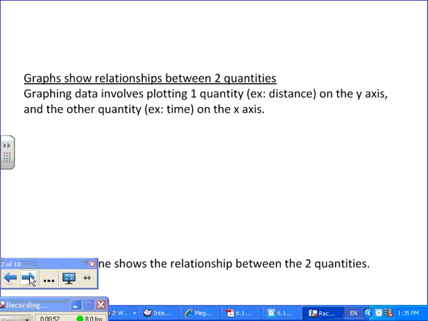Graphing data involves plotting one quantity, for example, distance, on the y-axis, and then the other quantity, for example, time, on the x-axis. So on a given graph, we have a y-axis and we have an x-axis.